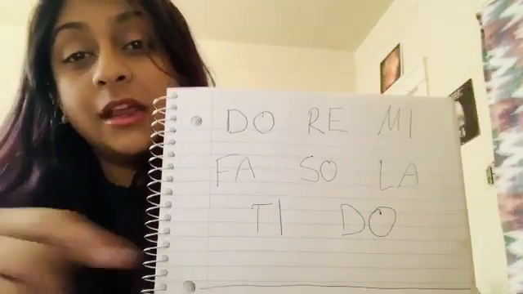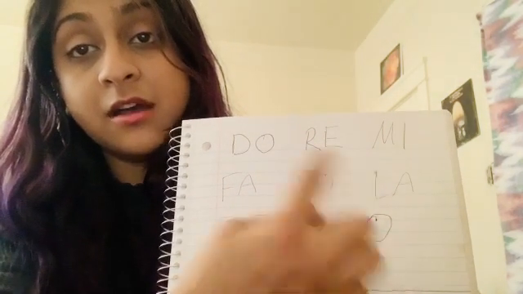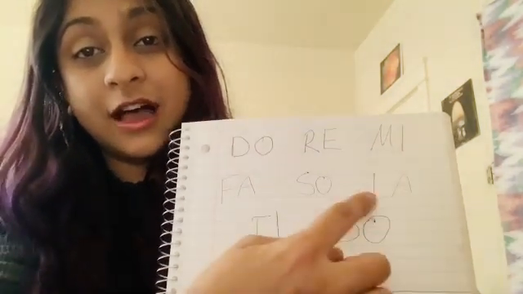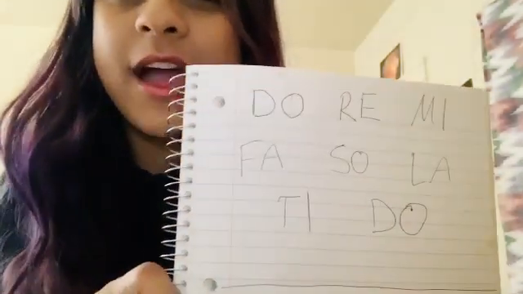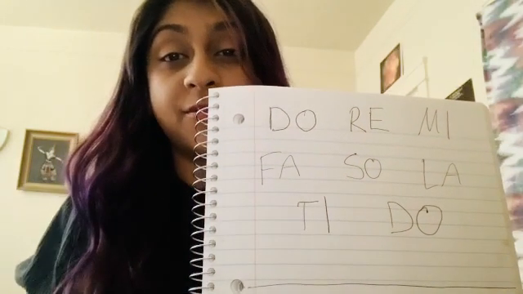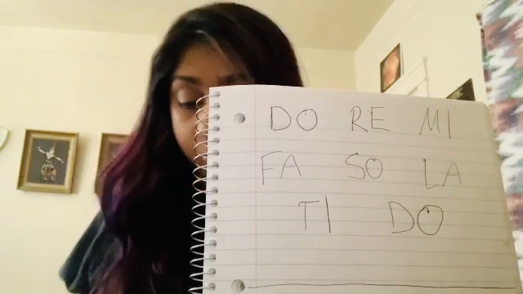So what would that be? Do, ti, la, so, fa, mi, re, do. Yeah, so that would be backwards. And forwards would be do, re, mi, fa, sol, la, ti, do. Backwards, do, ti, la, so, fa, mi, re, do.